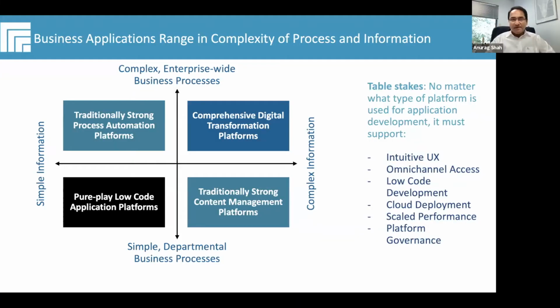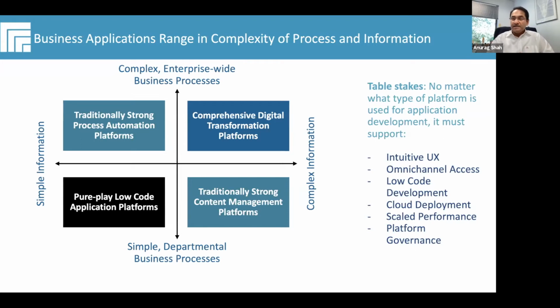Sure. And to that point, let me show you a couple of slides to explain. Are you able to see my slide? Yes. Okay, so this is a quadrant. The horizontal axis goes from left to right, from simple to complex information.